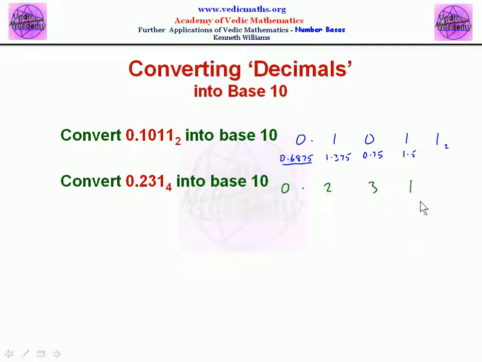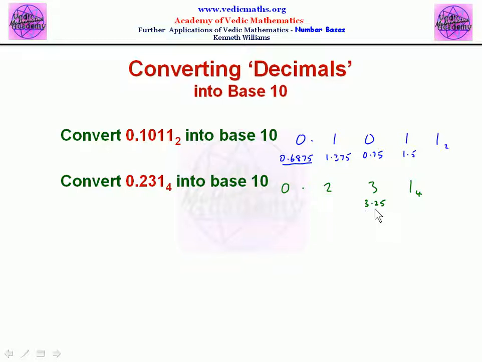0.231 in base 4. So here we're going to be dividing by 4 and adding on the next digit to the left. So 1 divided by 4 is 0.25. Add on 3 is 3.25. Divide 3.25 by 4 and add on 2.